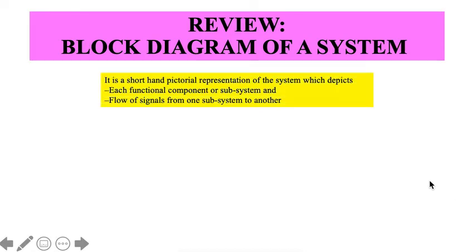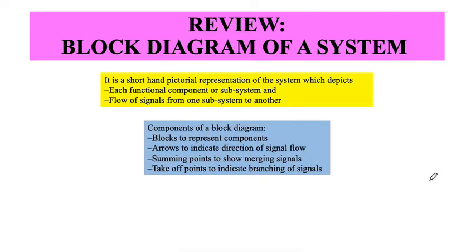It is a short-handed representation of a system where each subsystem or each component is represented by its transfer function, and the interconnection is captured by the flow of signals from one system to another. And what are the components? How do we draw the block diagram? The blocks represent the components equivalently represented by transfer function.